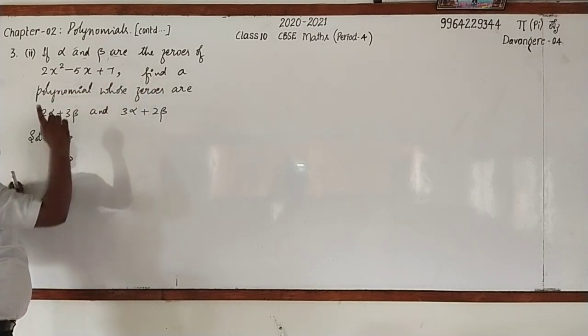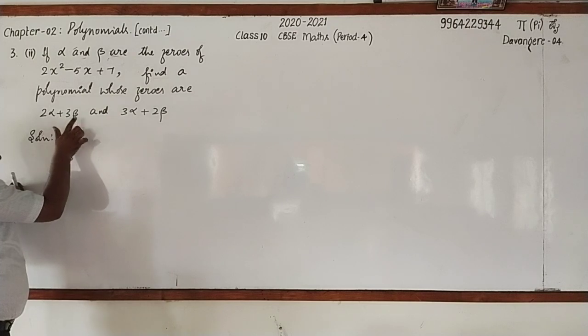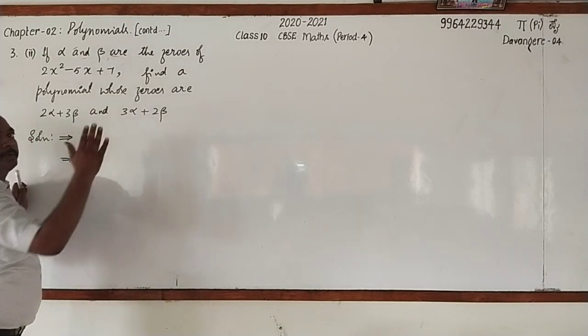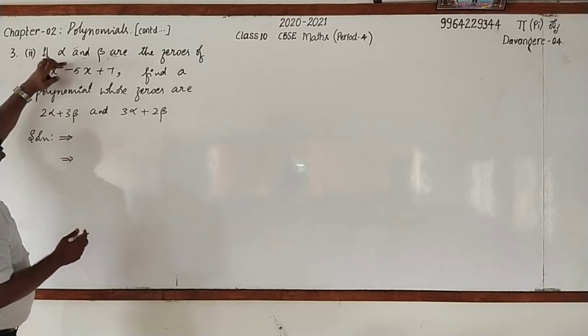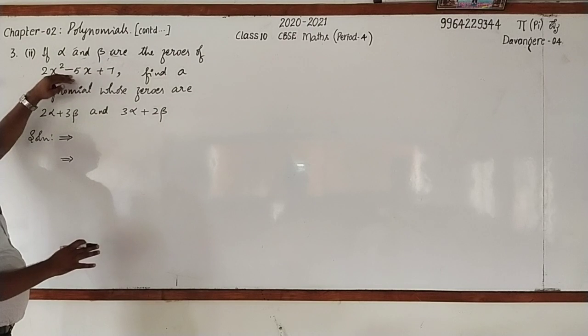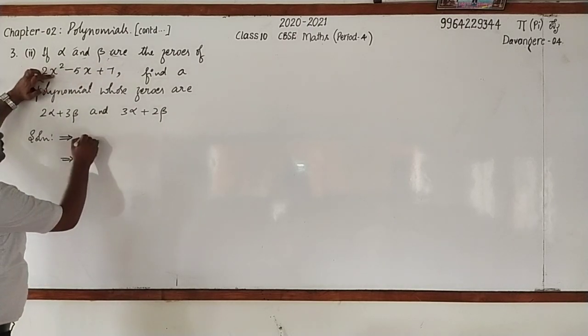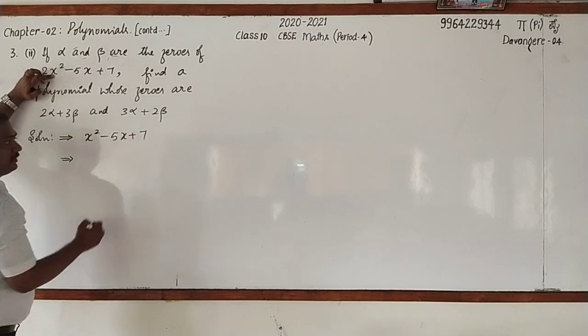Find a new polynomial when new zeros are 2 alpha plus 3 beta and 3 alpha plus 2 beta. Okay, now dear students, I have already told you, first you have to find out sum and product of the given polynomial. Given polynomial is x square minus 5x plus 7.